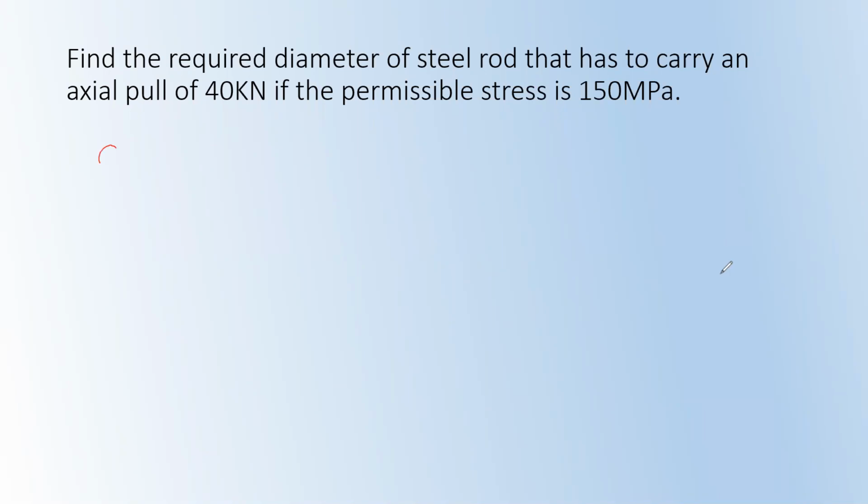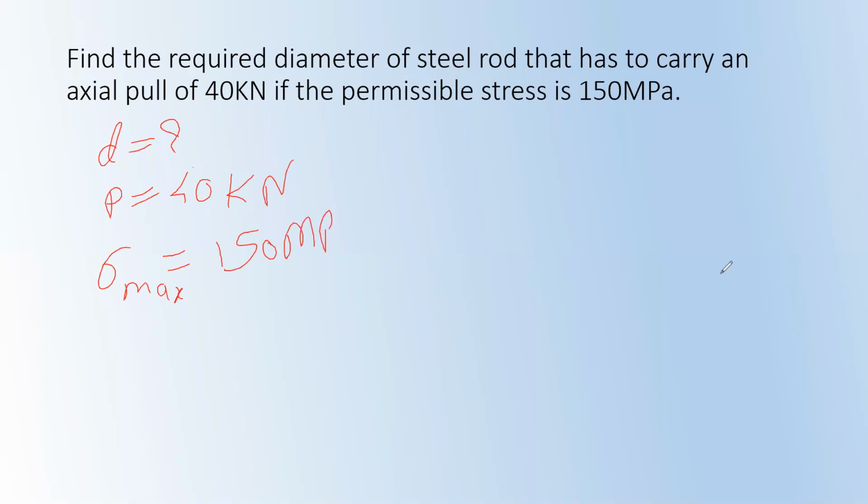What should have to be calculated? Diameter, which is carrying an axial pull of 40 kilonewton, if the permissible stress sigma max is equal to 150 MPa. First thing, I know that sigma is equal to P upon A.